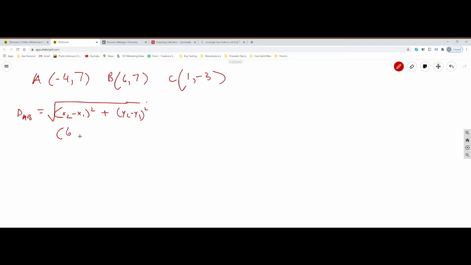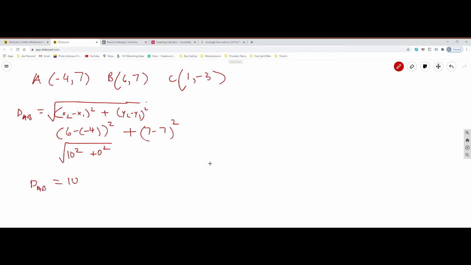So 6 minus -4 squared plus y2, 7 minus 7 squared. So you get 10 squared plus 0 squared, and the square root of 100 is equal to 10. So that's AB.